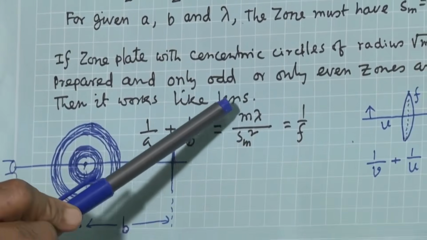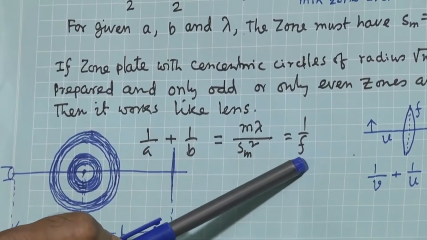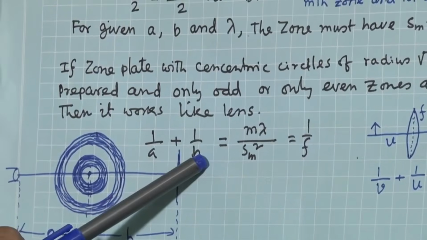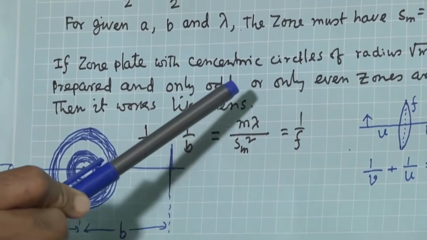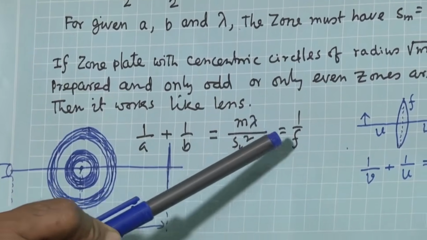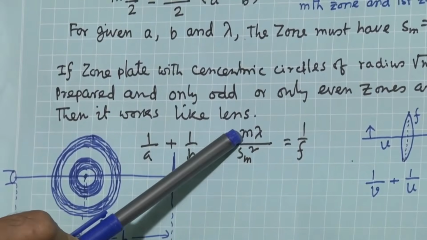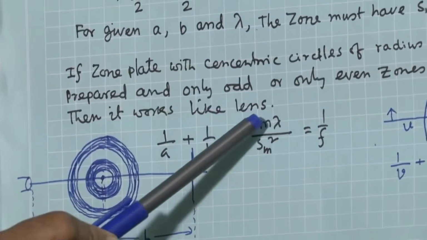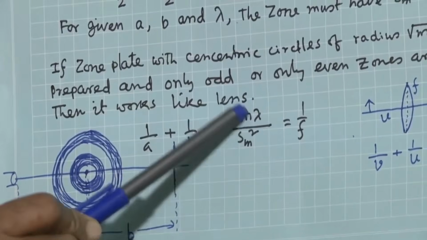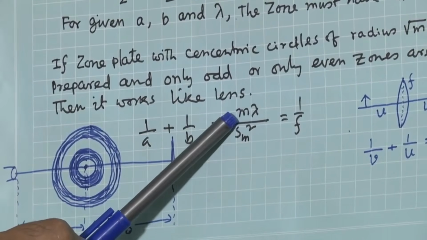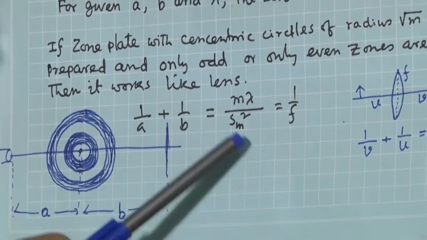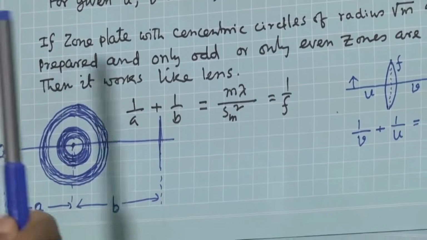So for m equal to 1 we will get f1 or b1, and f2 for m equal to 2, so basically we will get them for different orders.